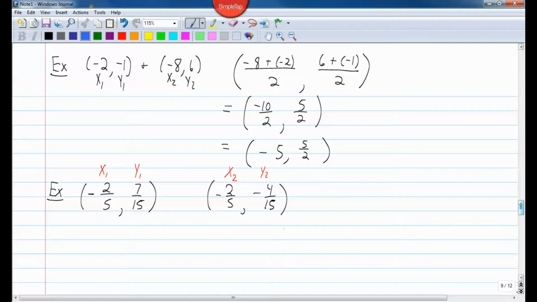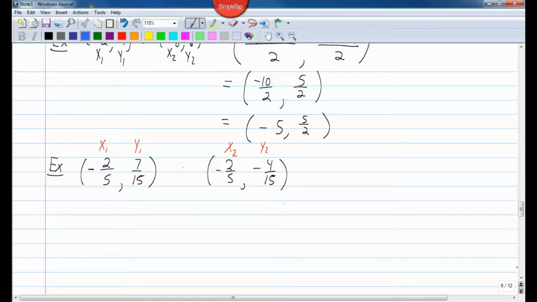The midpoint is equal to x sub 1 plus x sub 2 all divided by 2 and y sub 1 plus y sub 2 all divided by 2.